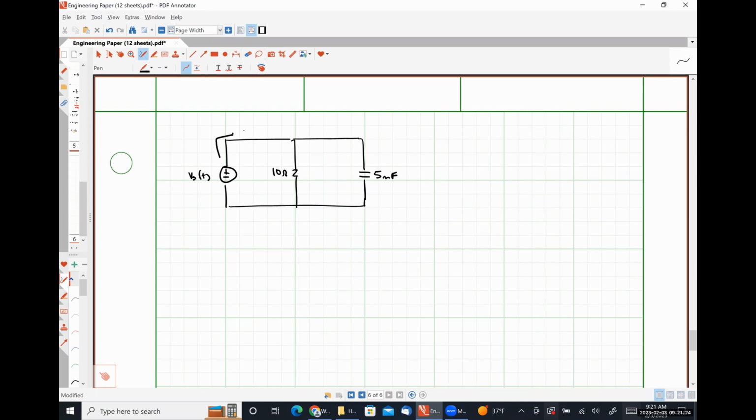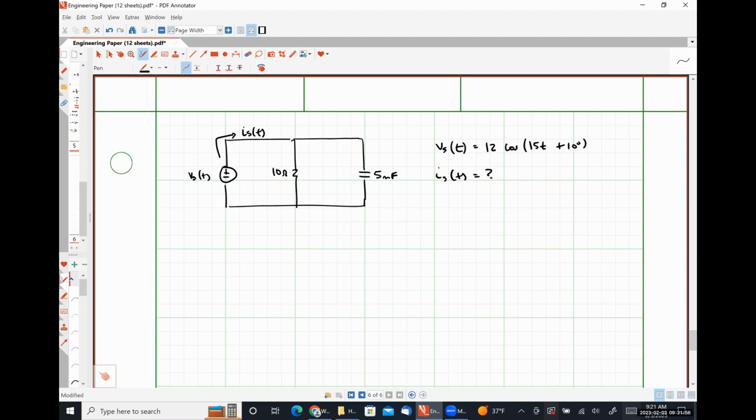We're trying to find this quantity, Is of t, where Vs was 12 cosine 15t plus 10 degrees. We know that working this problem in the time domain is terrible and a waste of time. So we are not going to do it.